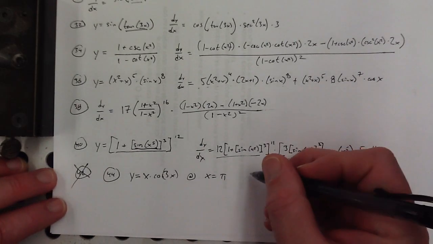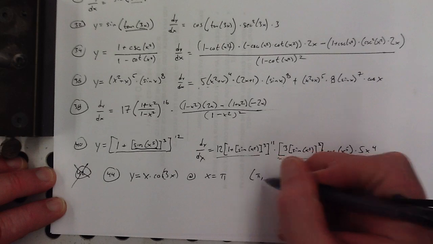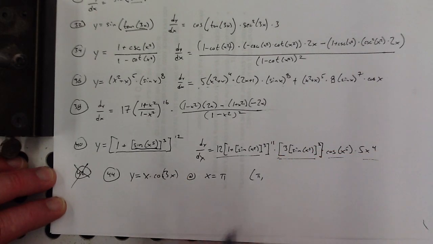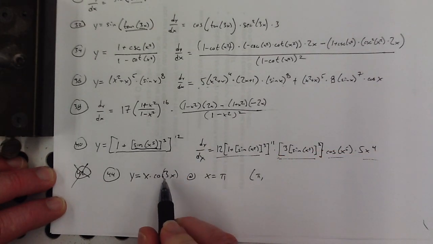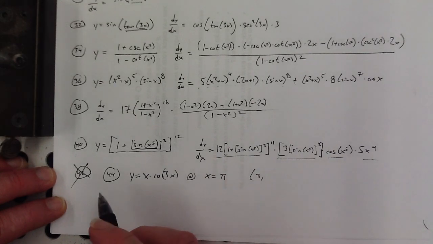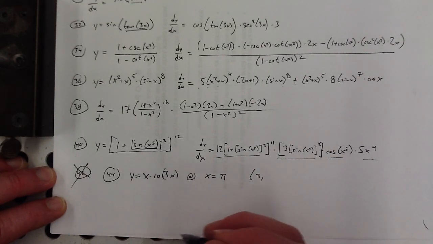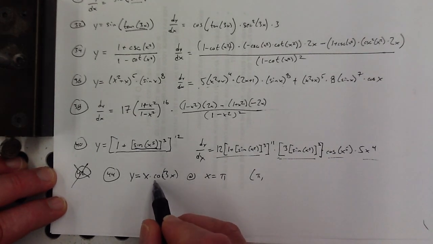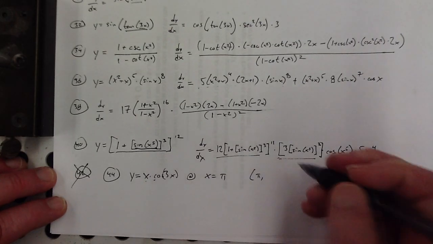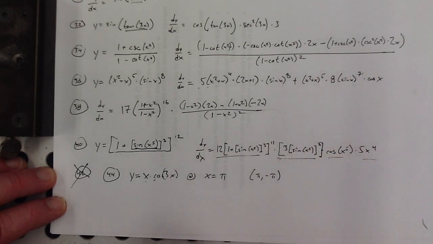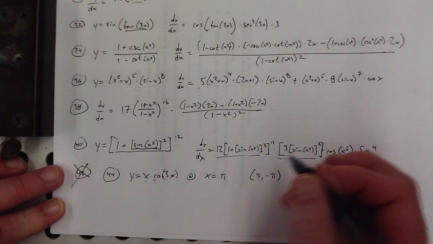So my point, first of all, is going to be pi, comma, what do I get when I plug pi into this? Cosine of 3 pi is -1, right? And times pi, so that's negative pi, I believe.